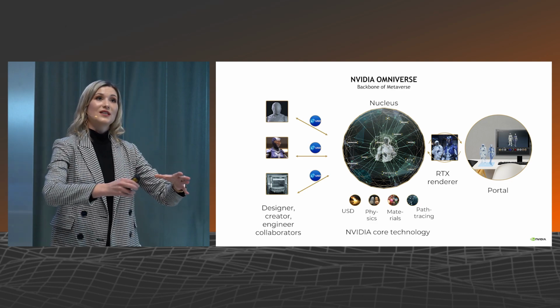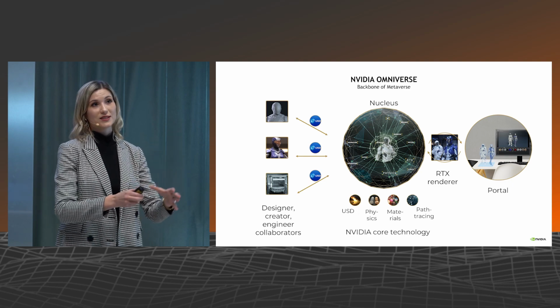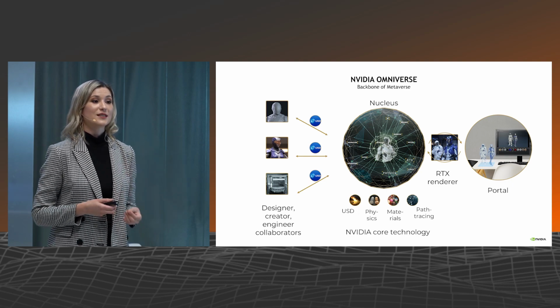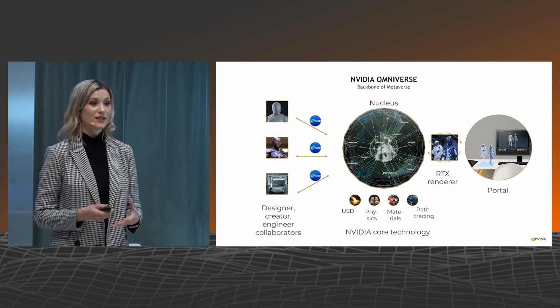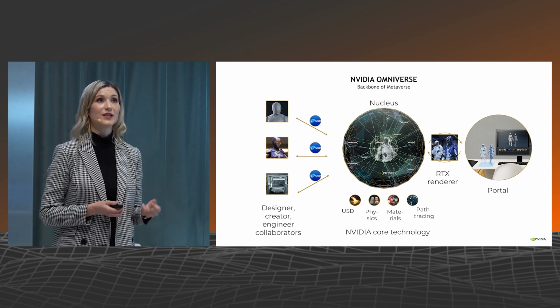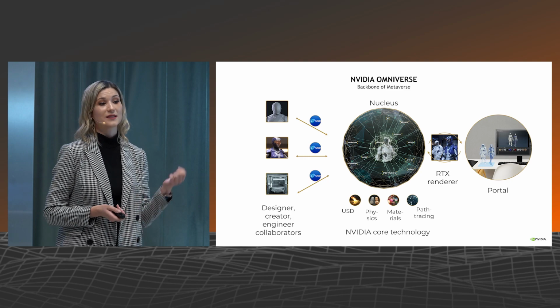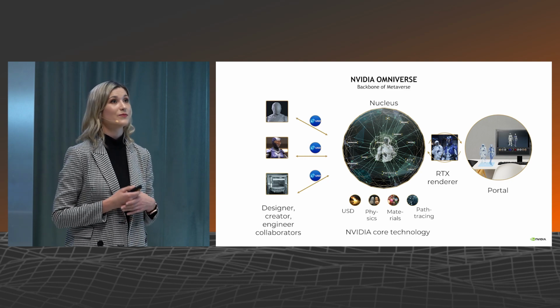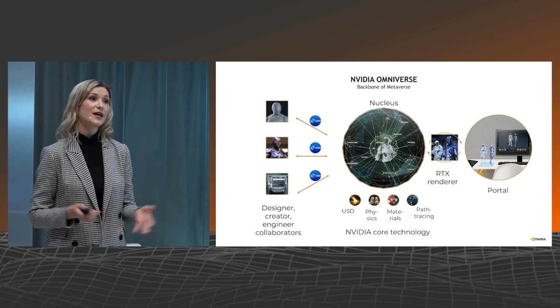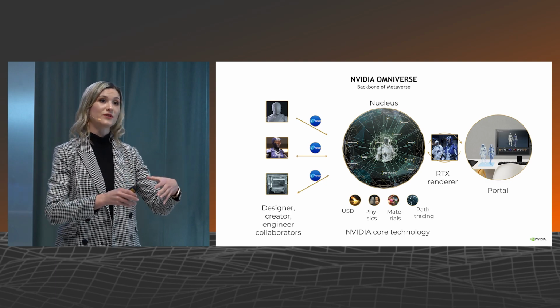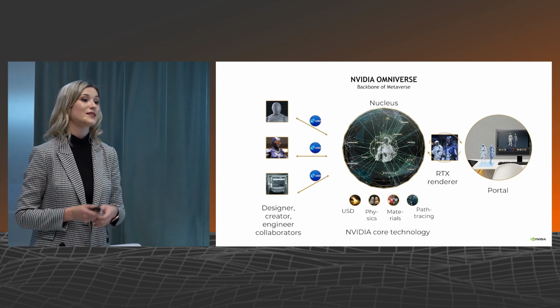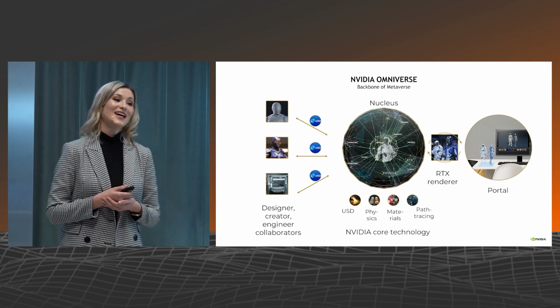In the middle of Omniverse, we have Nucleus, which is the database and the collaboration engine, which brings together creators of different specialties, like designers, engineers, and different collaborators, and they all can work together in Omniverse to create digital worlds and synthetic data as well.